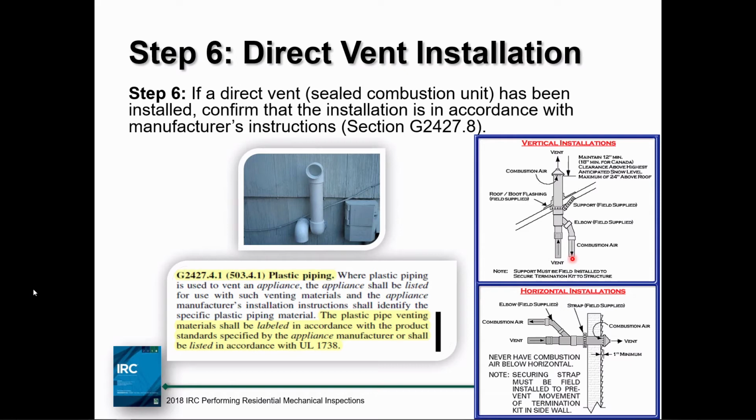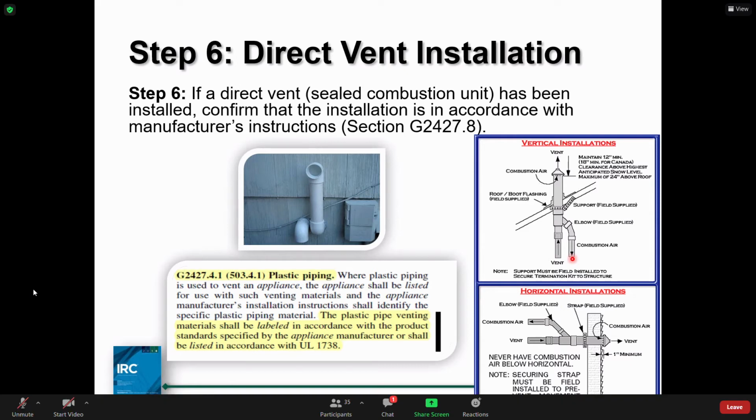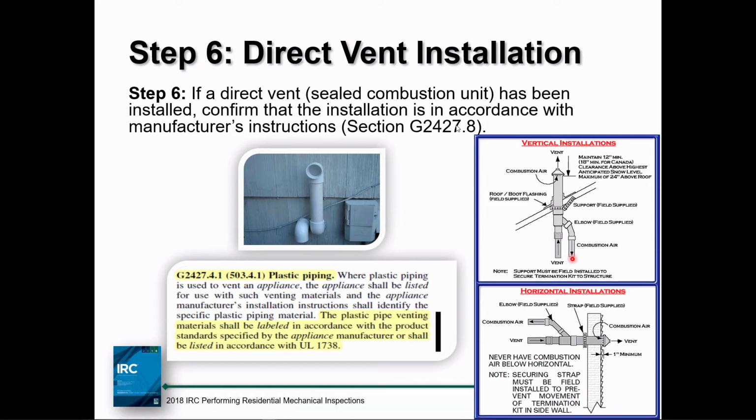The manufacturers came to the forefront and said, hey, all you mechanical people, our pipe has never been listed or tested for venting of category 4 appliances. That was the rub for a long time.